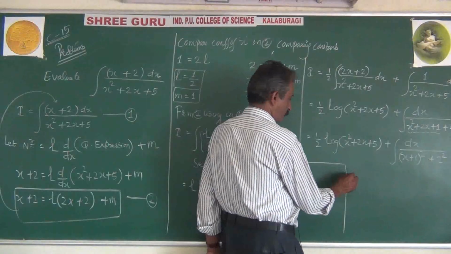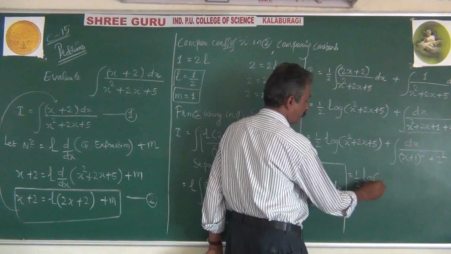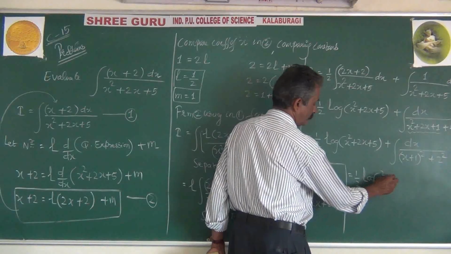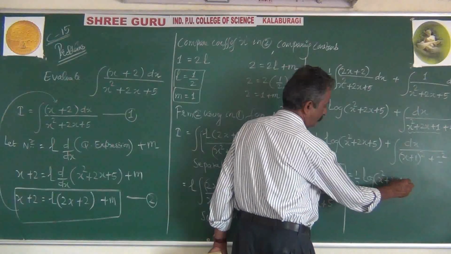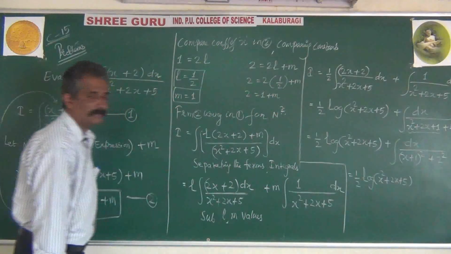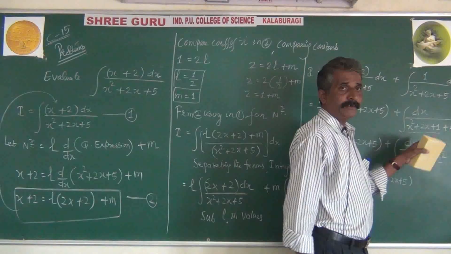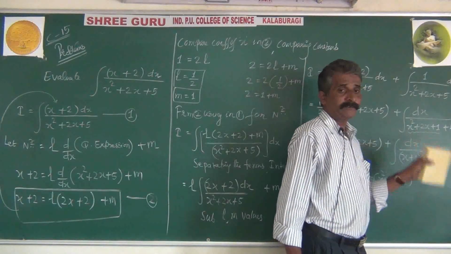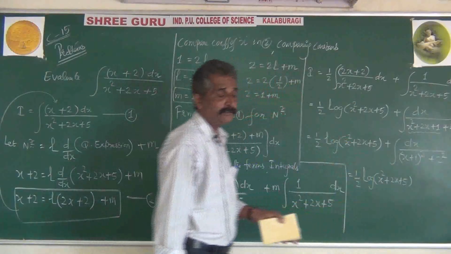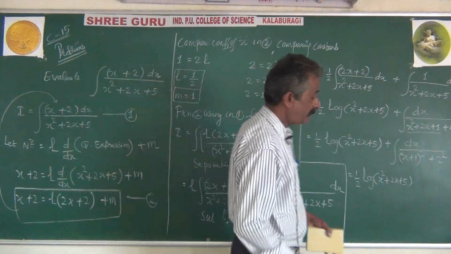Finally, 1 by 2 log of x square plus 2x plus 5. Now this is in the form of integration dx by x square plus a square, whose formula is 1 by a tan inverse of x by a.